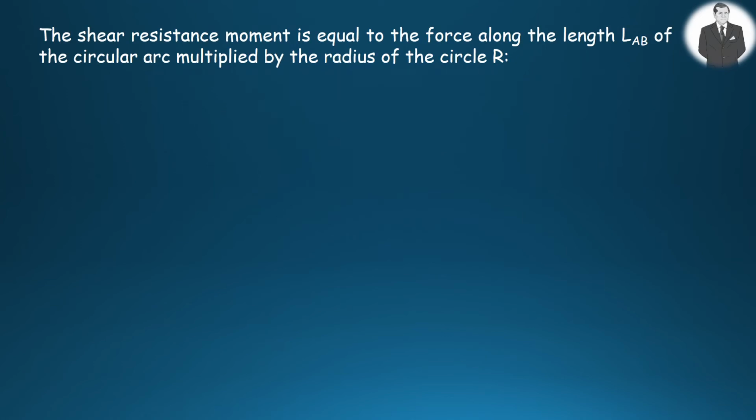The shear resistance moment is equal to the force along the length LAB of the circular arc multiplied by the radius of the circle R as shown here, where theta is in radians.